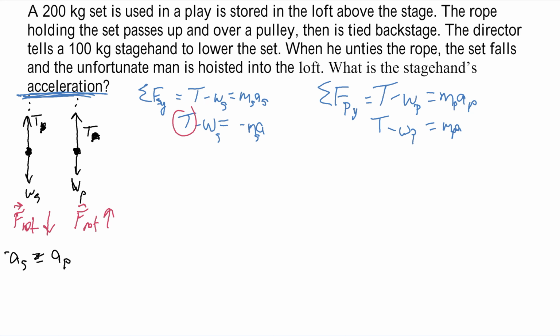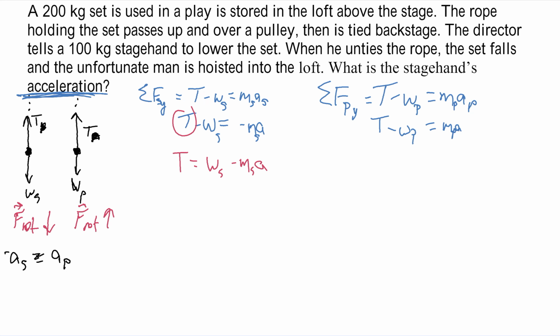It reduces the amount of work that I have to do. So I'm going to solve for tension in this equation: tension equals weight of the set minus mass of the set times the acceleration.